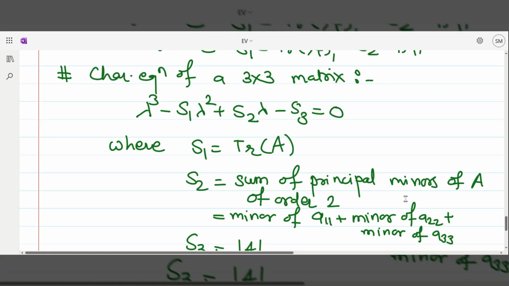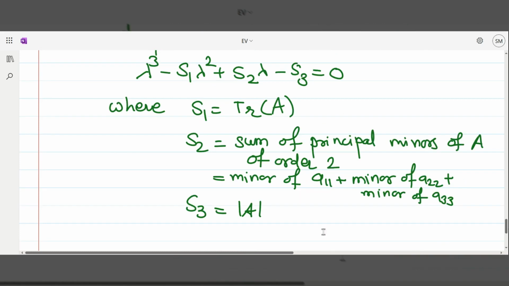By principal minors we mean the minor of a11, then the minor of a22 and the minor of a33, their sum. As you recall, the minor of the ij-th entry is the determinant of the submatrix when the i-th row and j-th column from that matrix are excluded.